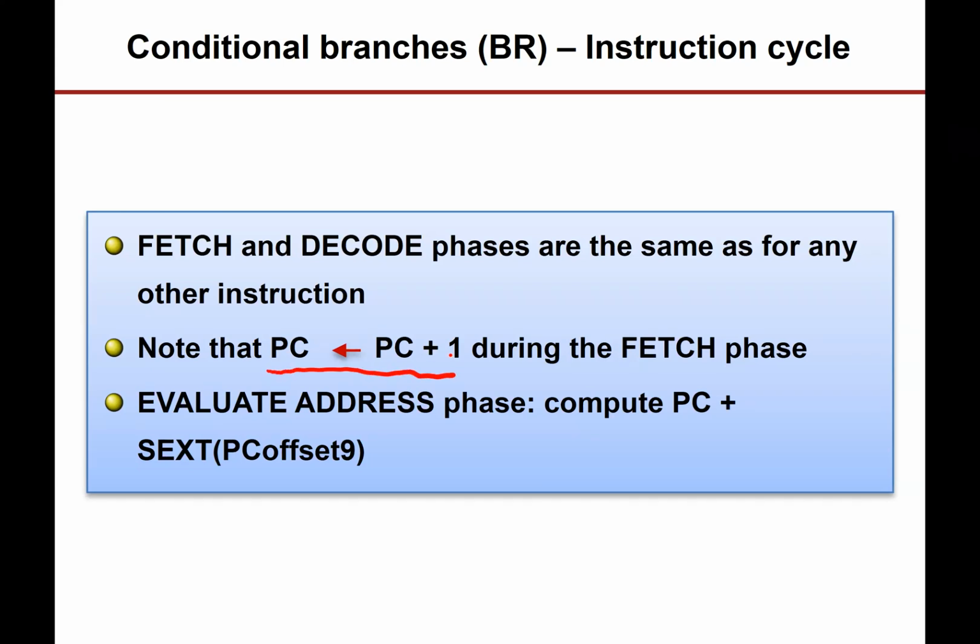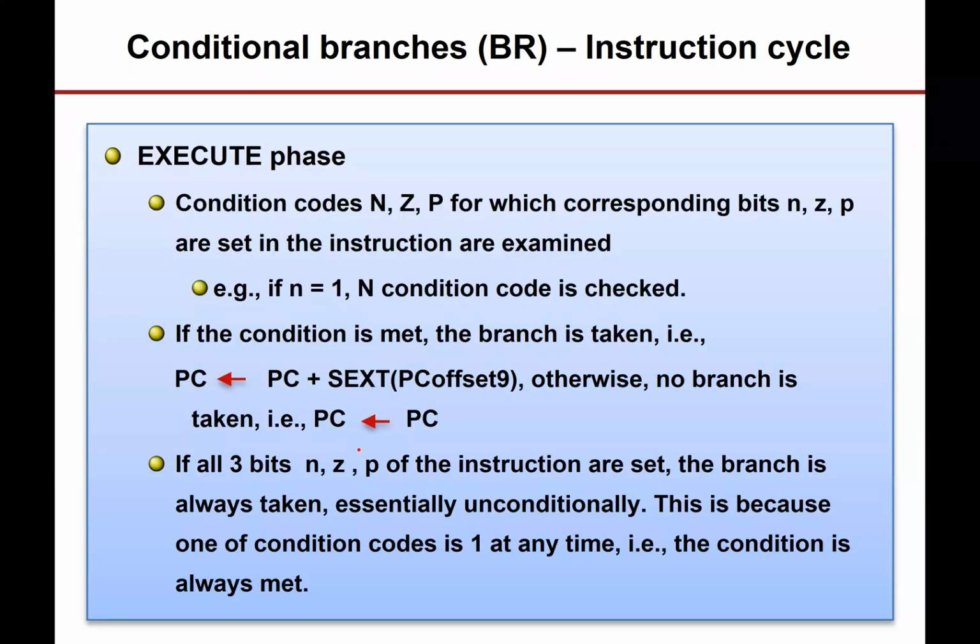At the fetch phase, the PC is incremented by 1, and the evaluate address phase is to compute the new PC using the PC offset mode. So for the execute phase, the condition codes here are checked, or tested.